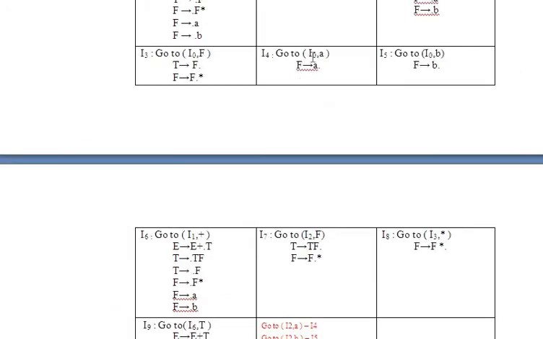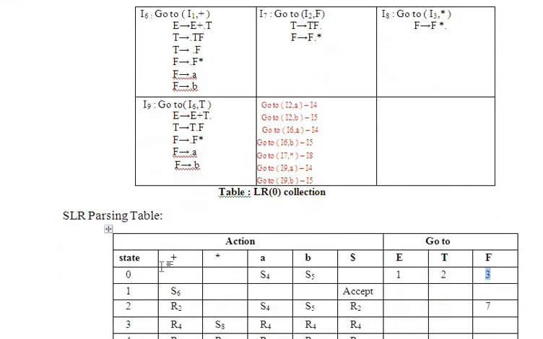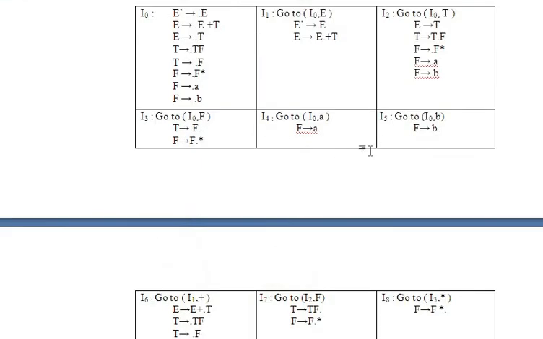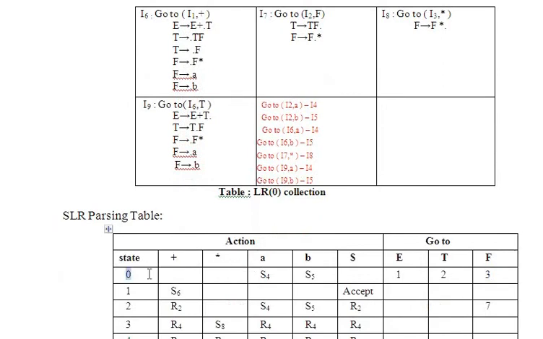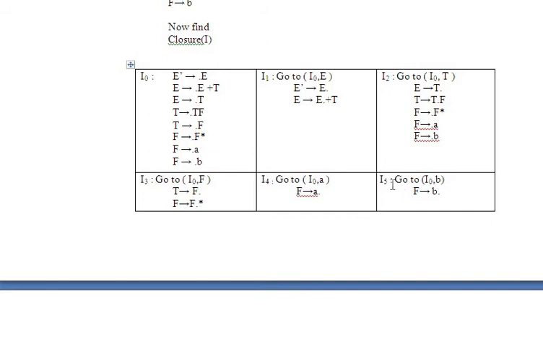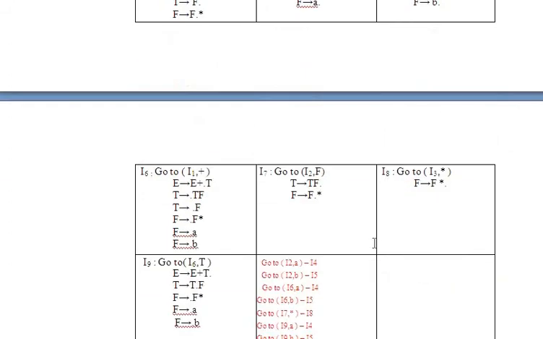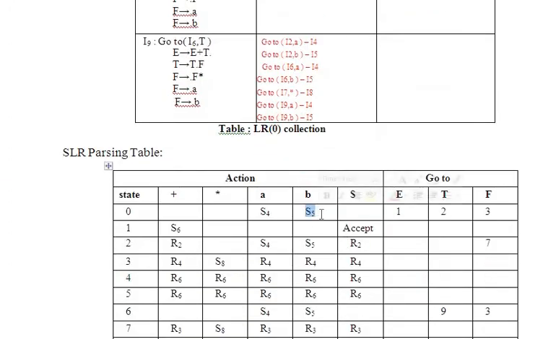Next, I0 on A, state is I4, so write its shift entry, S4. I0 on B is state 5, so in this column write shift entry S5.